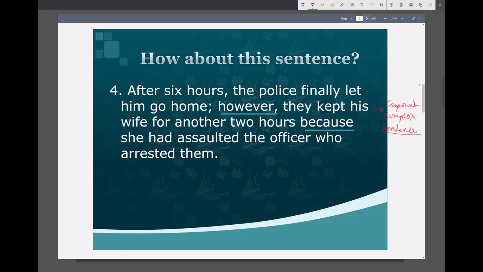You have the first clause, which is independent, but then it's also connecting a compound sentence. You can see that right here. Clause 2, they kept his wife for another 2 hours, and clause 3, she had assaulted a police officer.